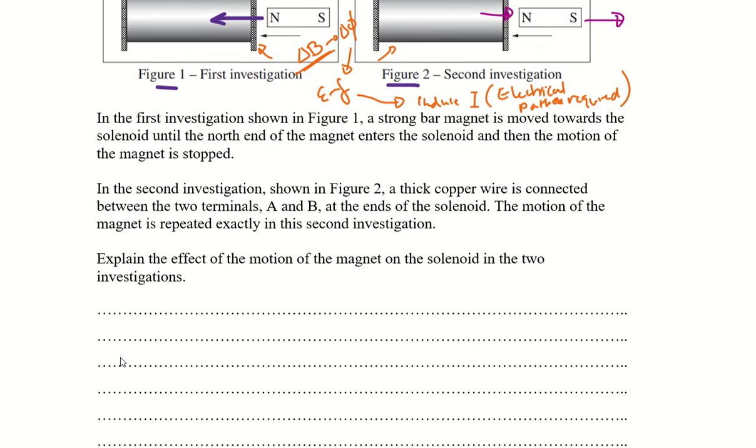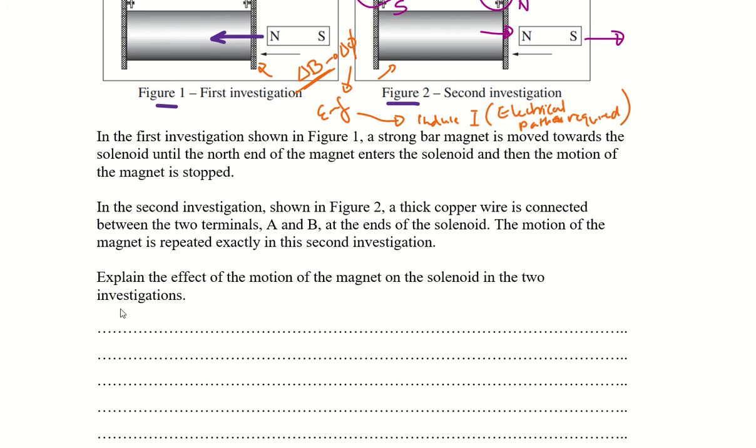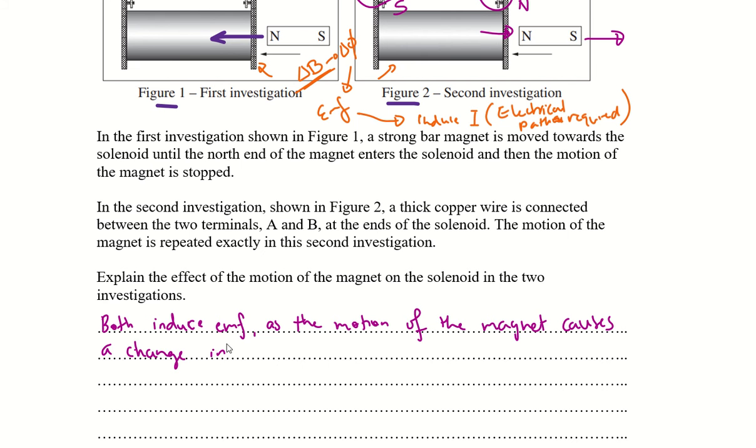So let's try and construct a response that reflects these observations that we have. Let's start off here. So both induce EMF as the motion of the magnet causes a change in magnetic flux.